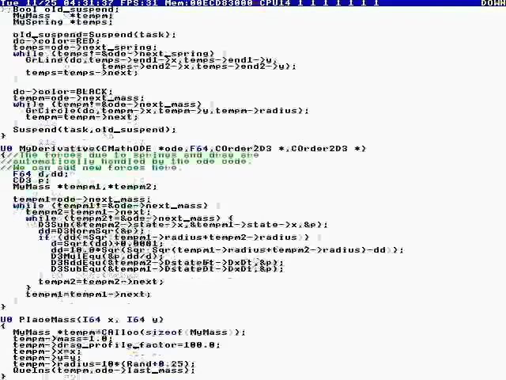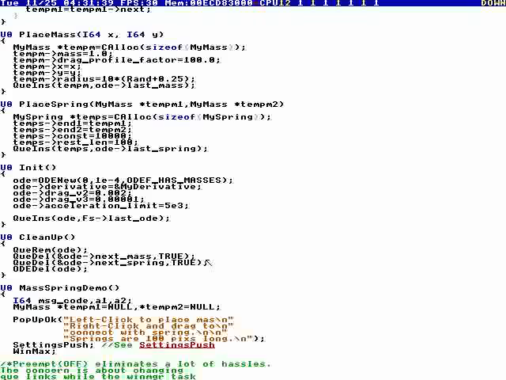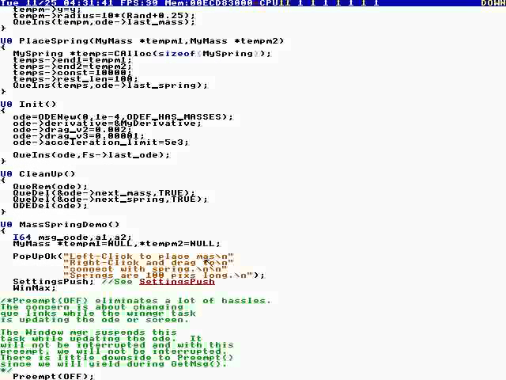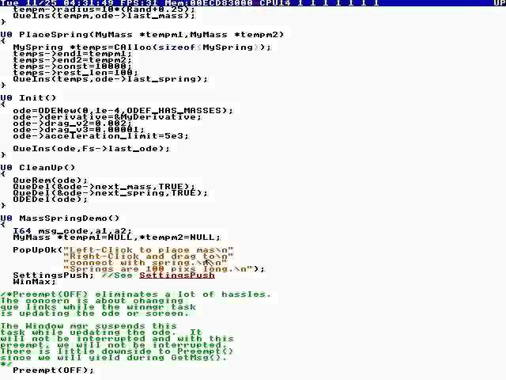Anyway, so you make a derivative, and then just like it updates the screen automatically, it updates the differential equations automatically. So here's where it initializes. You have to give it the derivative function, and I set it up with some drag so that in this application, they dampen.